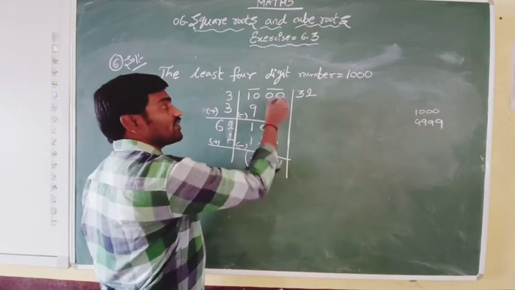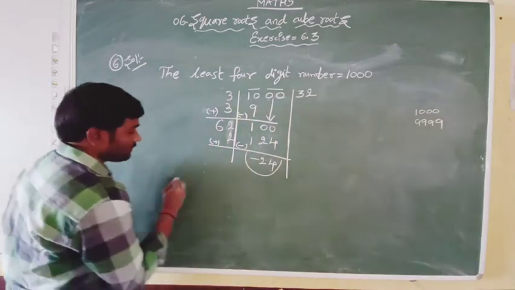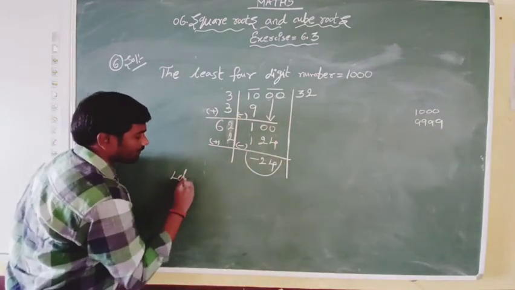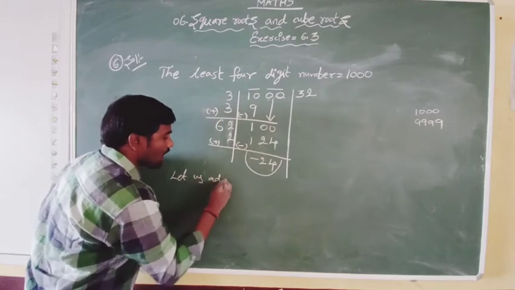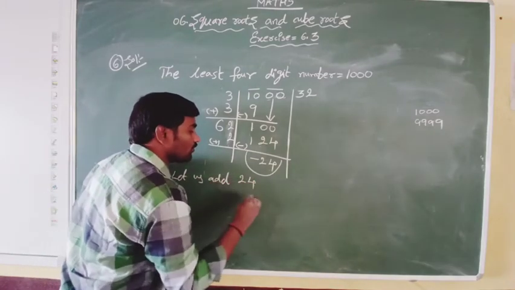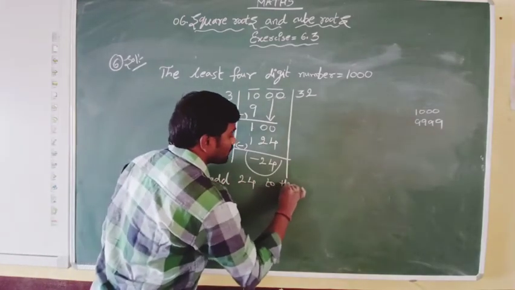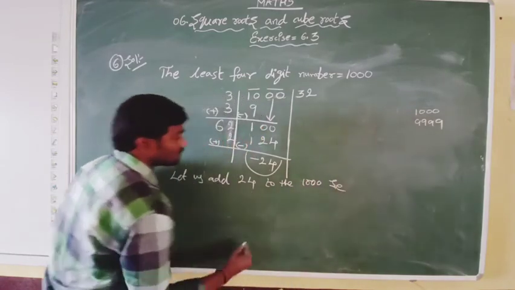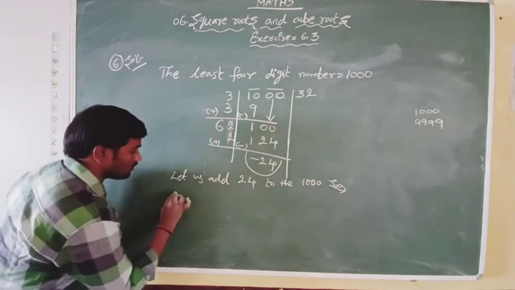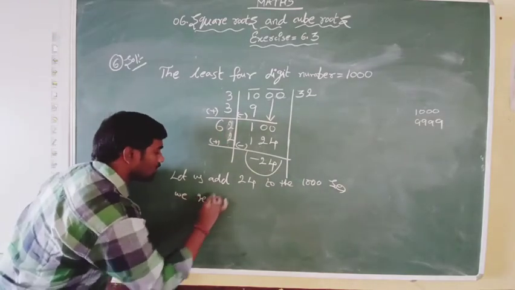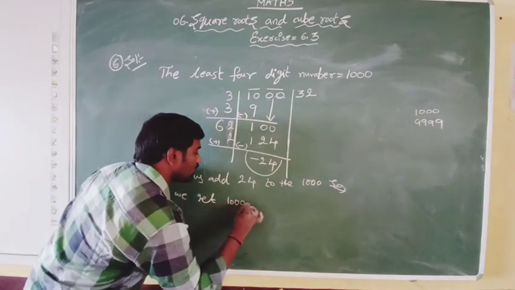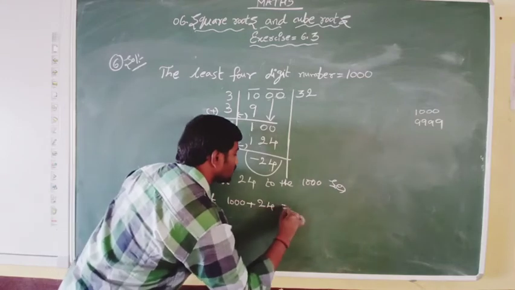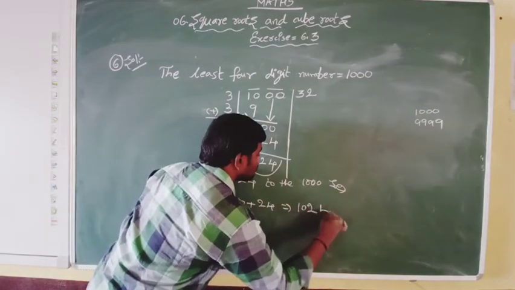The same remainder, if we add to 1000, let us see. We add 24 to the 1000, so we get 1000 plus 24, that is equal to 1024.